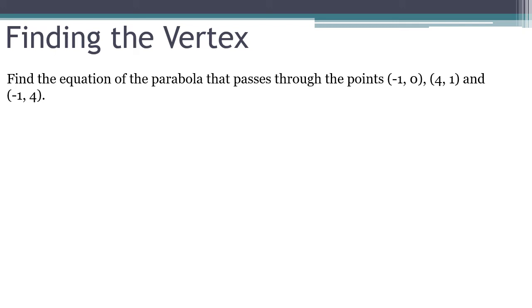So I'm going to do the same thing that I did before. I'm going to start with y equals ax squared plus bx plus c, and I'm going to put my points in.